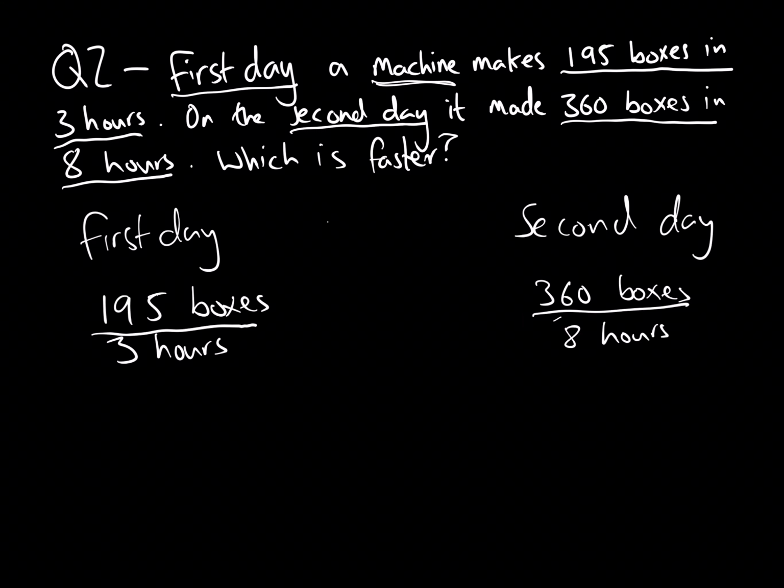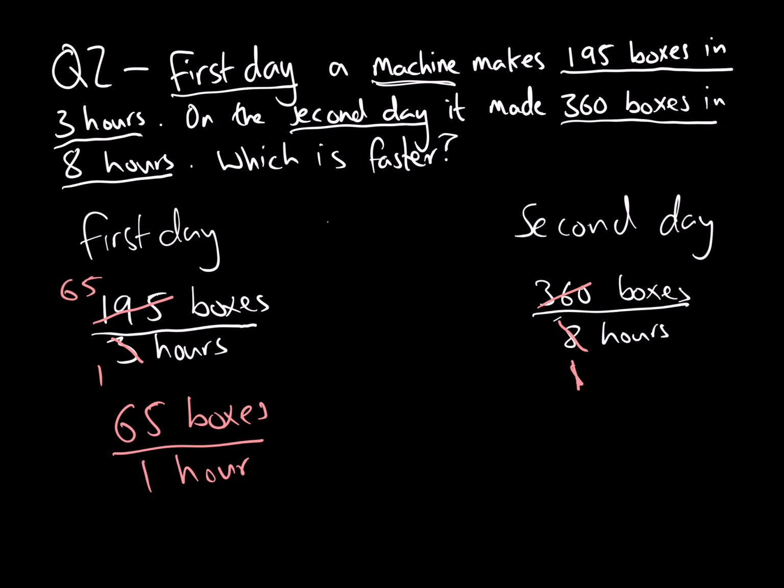Right, okay, and now we can just simplify these. If you simplify in the first day, we have 3 goes into 195 65 times. So the rate here is 65 boxes in 1 hour. And on the second day here, we have 360.